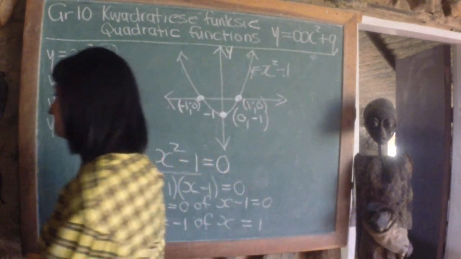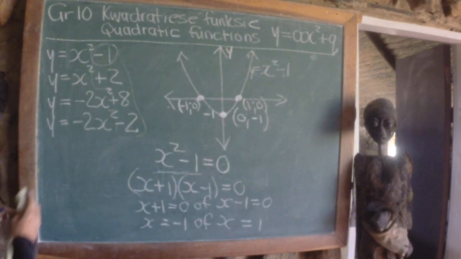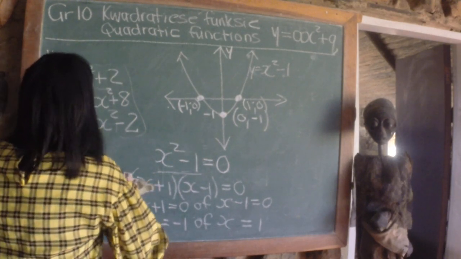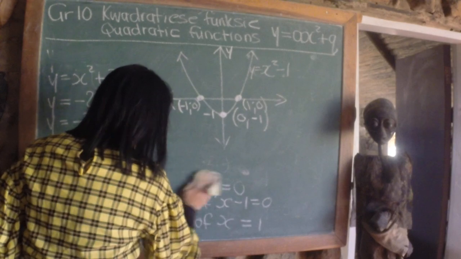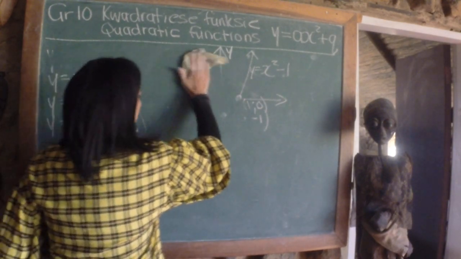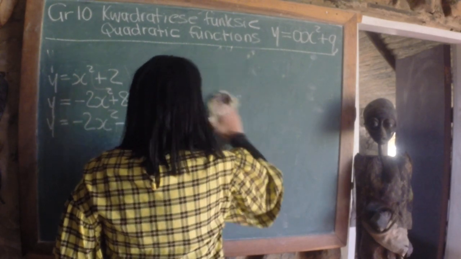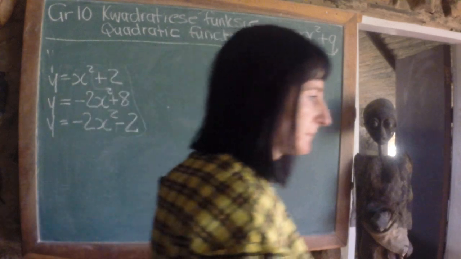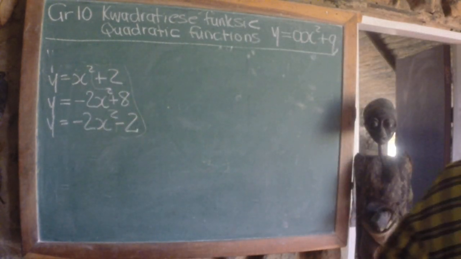Baie maklik. Goed, as ons gaan kyk na ons tweede een, y is gelyk aan x kwadraat plus 2. Nou hier kan ons duidelik sien dat my draaipunt is op die waarde plus 2. Okay, let's draw it.